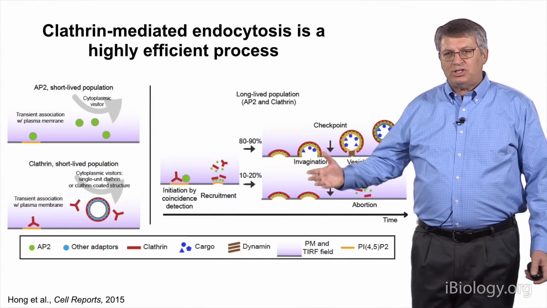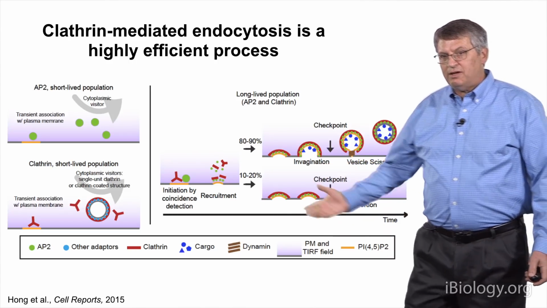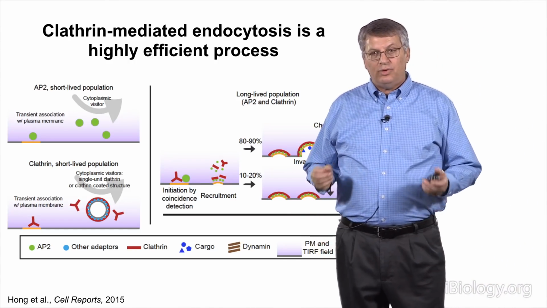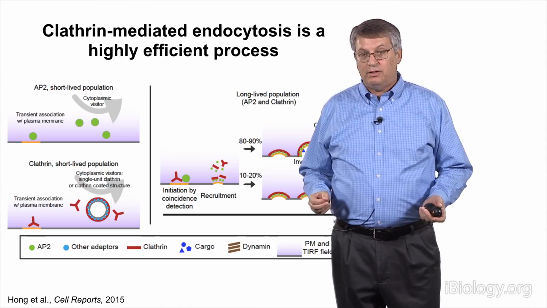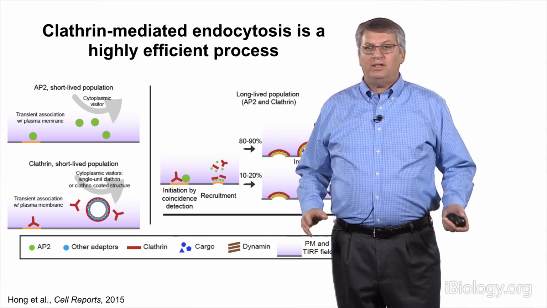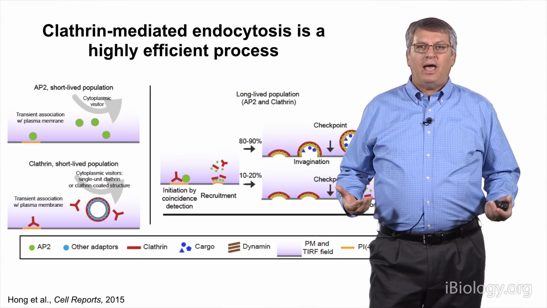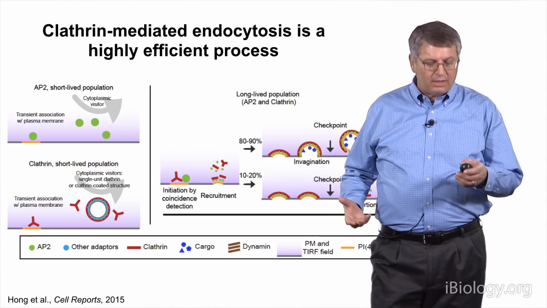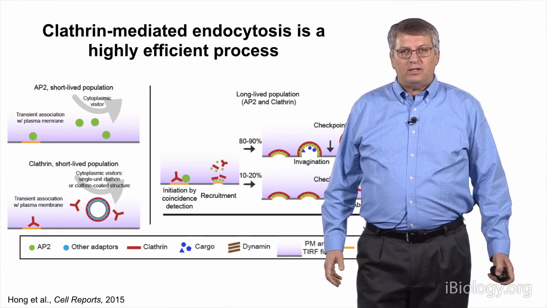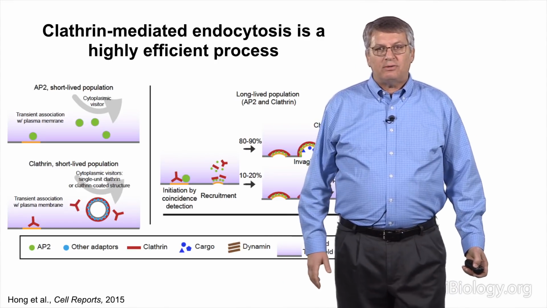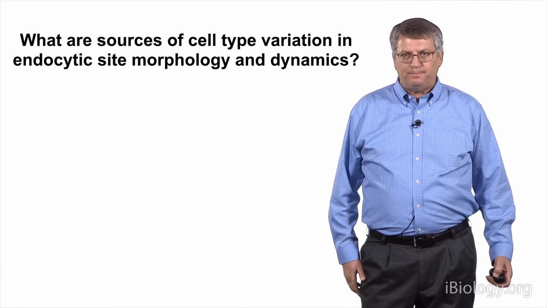And that when you can concentrate just on the authentic endocytic events, then you can see that the process is very efficient and very regular. And this gives you great sensitivity to now perturb the system and ask what kind of effects do you see when you knock down specific proteins in this process.